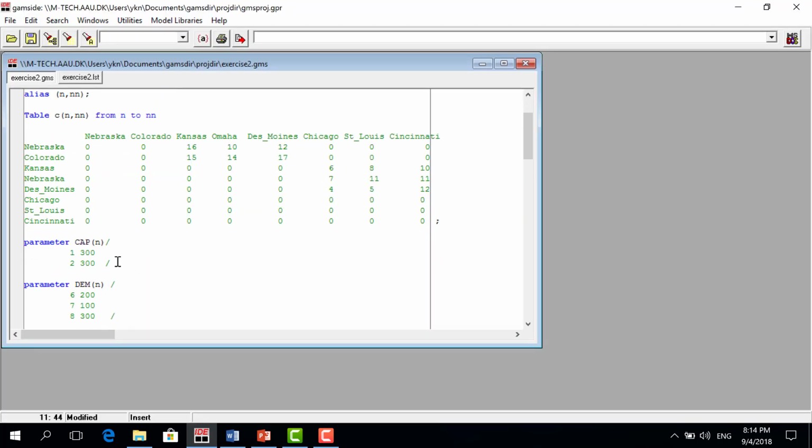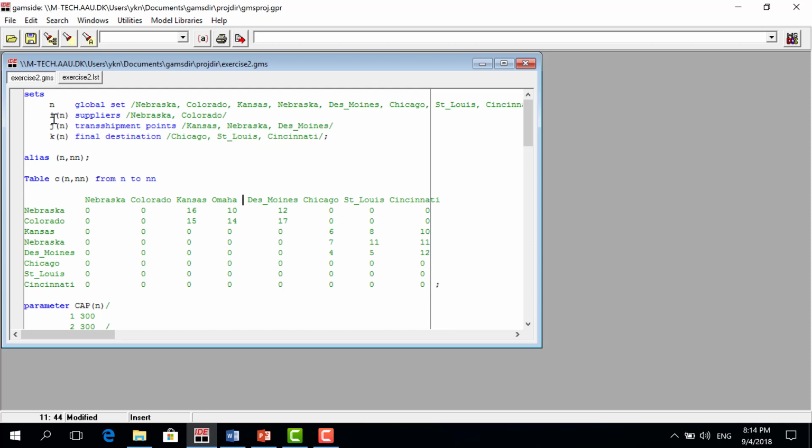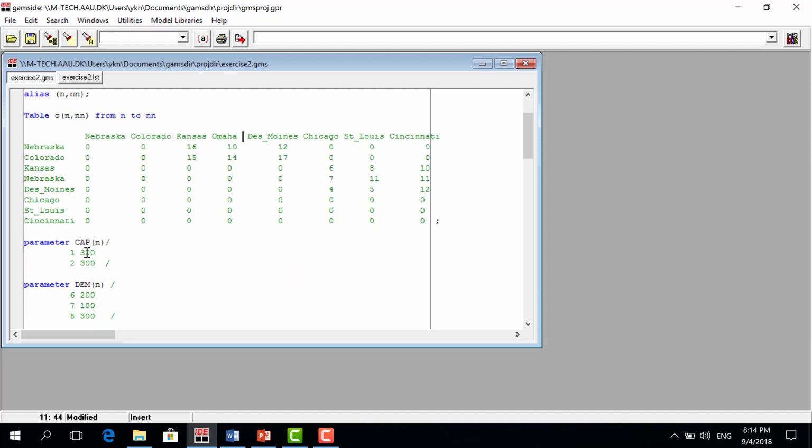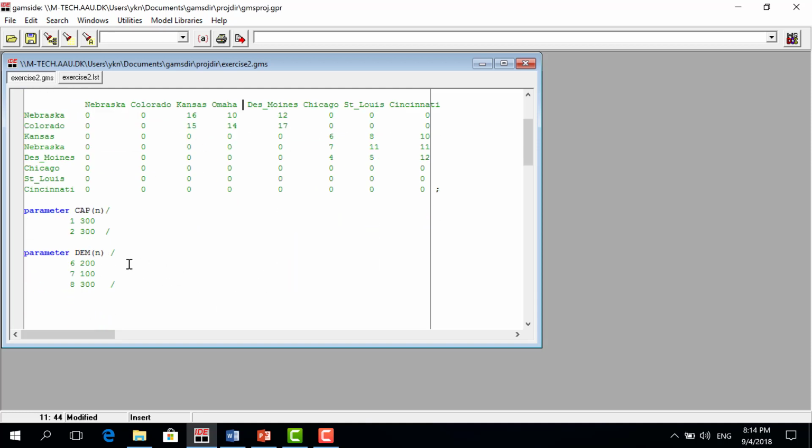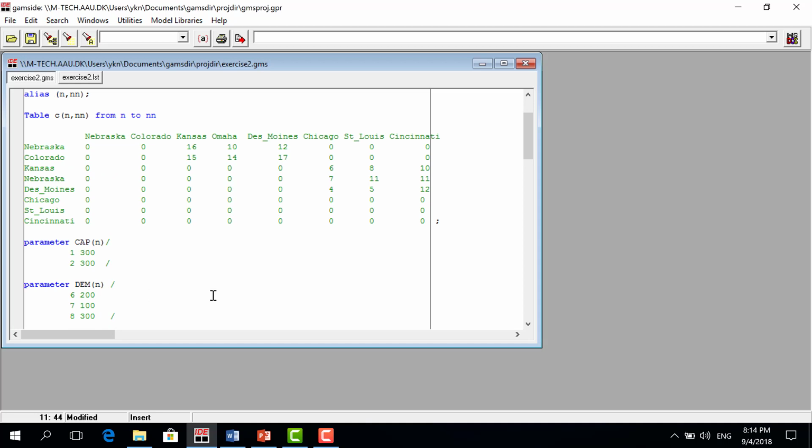And we also have the capacity of our suppliers here, n, and 1 is equal to I. It is 1, 2, 3, 4, 5, 6, 7, and 8. We have 300, and also the demand at destination M, because N here is N6.